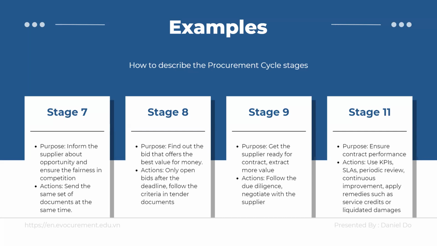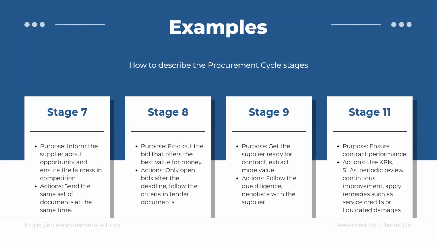If we fail to conclude the contract with this supplier, then we can turn to the second ranking supplier or third ranking supplier, until we can conclude a contract with a supplier.